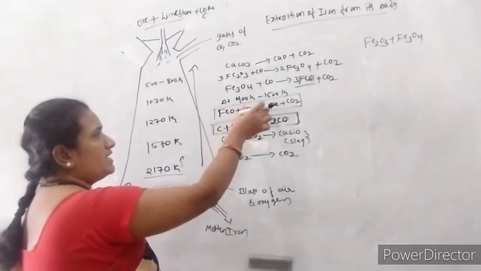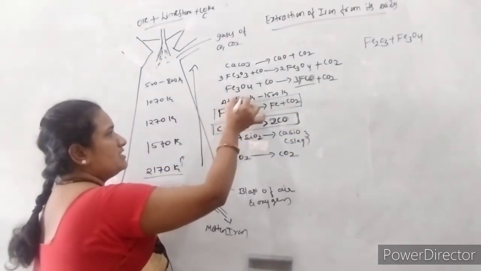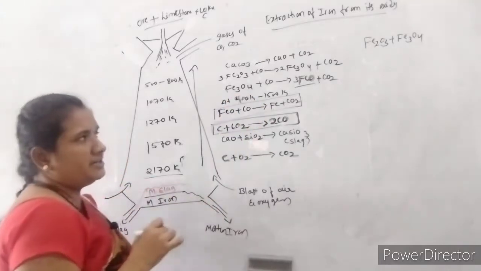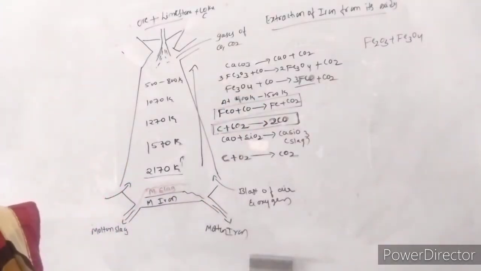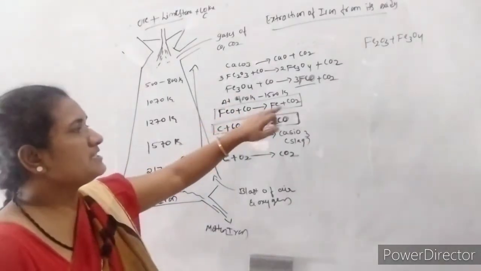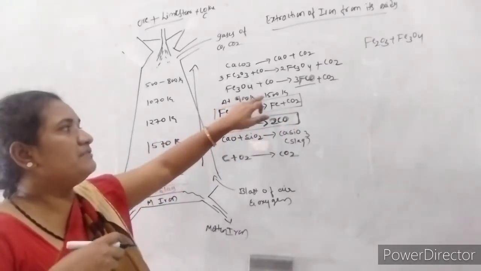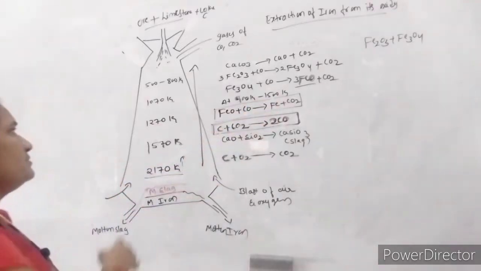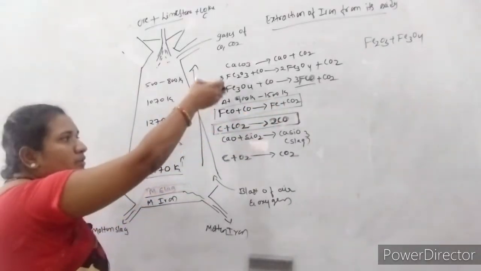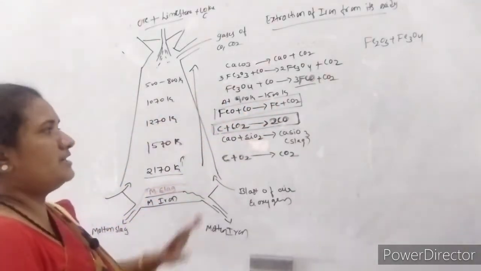This overall reaction takes place within the temperature range 900 Kelvin to 1500 Kelvin, in between this temperature we are going to see the formation of this kind of reaction.